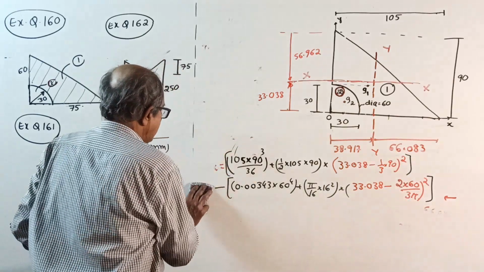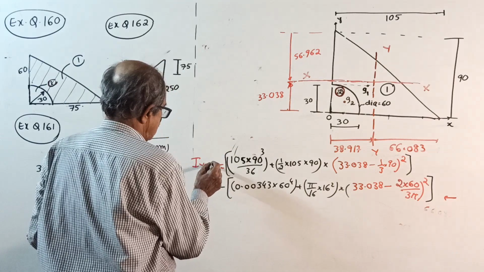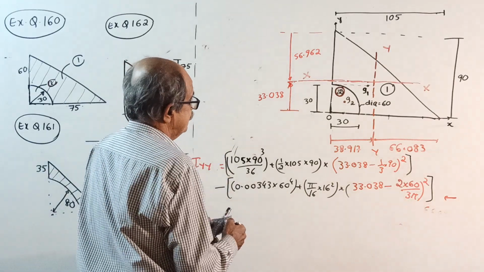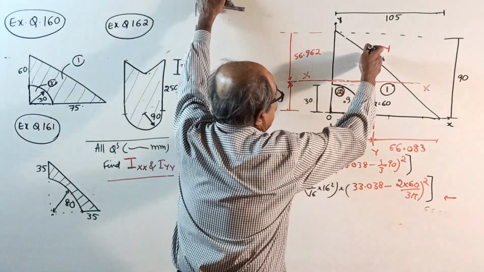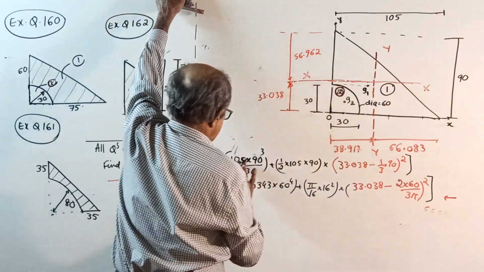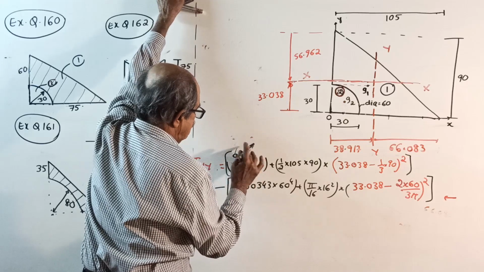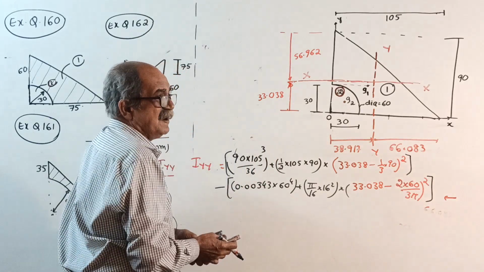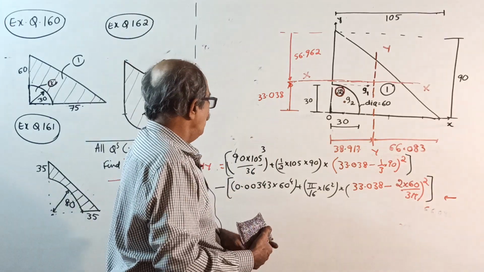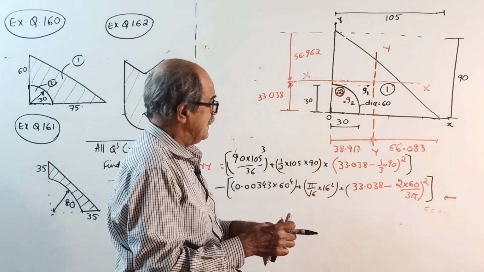Okay, now I about Yy. Okay, start. First about its own centroidal axis: 90 into 105 cube by 36. Area, okay, half into either 90 into 105 or 105 into 90, does not matter.